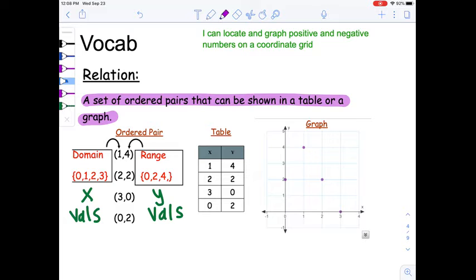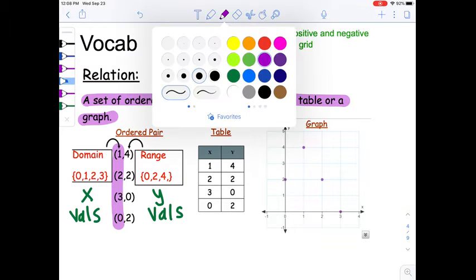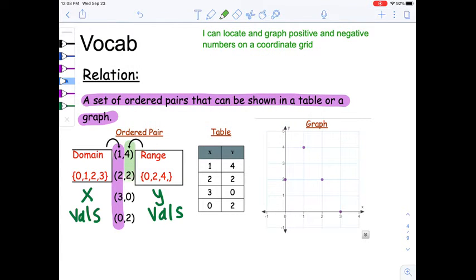So when we look at our x values here, we have 1, 2, 3, and 0. We put them in order from least to greatest, so our domain is 0, 1, 2, 3. For our y values, we have 4, 2, 0, and 2. So 0 is our smallest, and we only have to write each of the numbers once. So if there's multiples of a number, you only have to write it once.